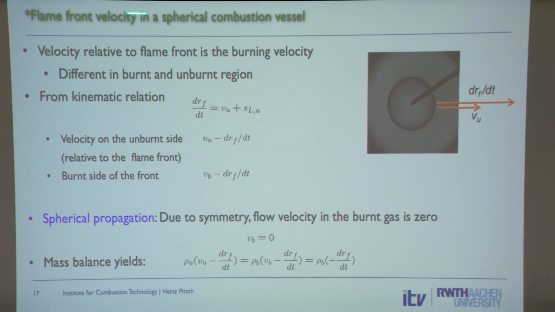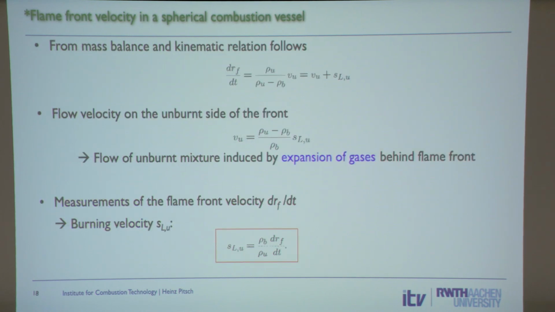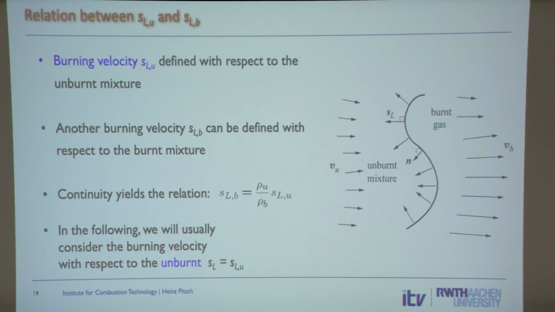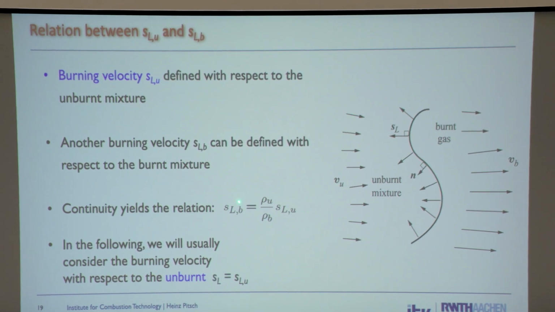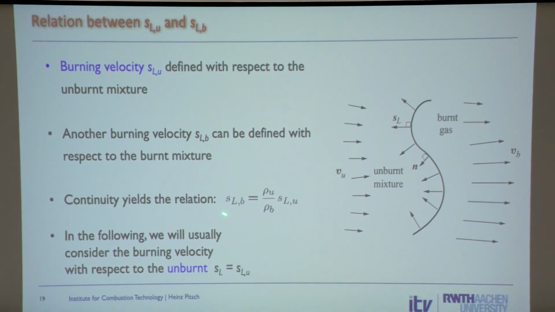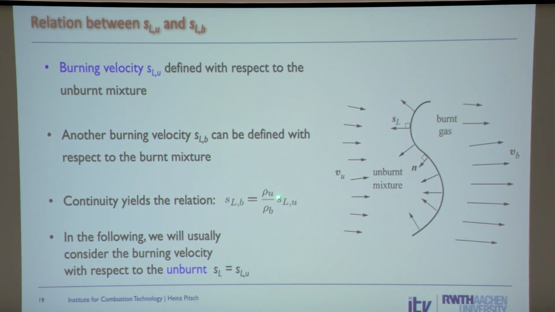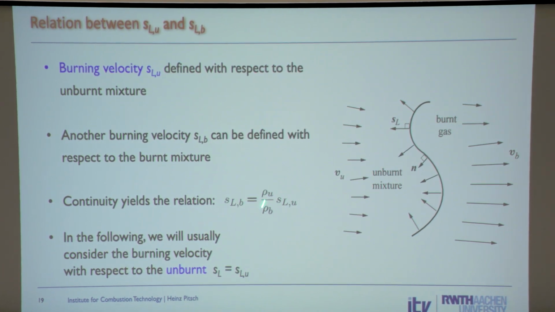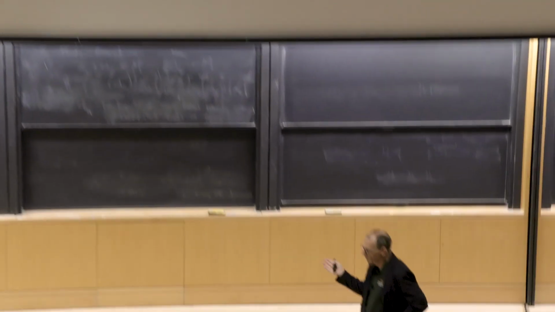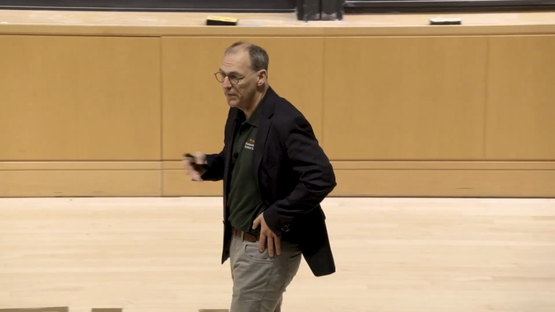Anyway, this shows you how to come up with this relation I mentioned earlier. We're not going through these details here. I mentioned there's a burning velocity with respect to the burned and unburned, and they are related by the density ratio. The density ratio at typical standard conditions for methane is about 7.